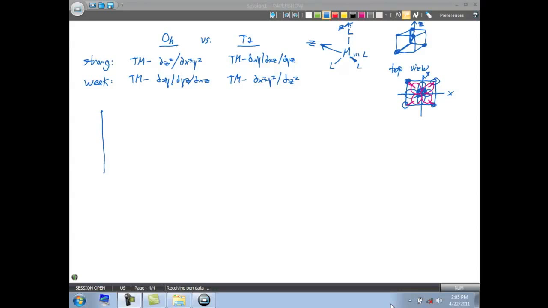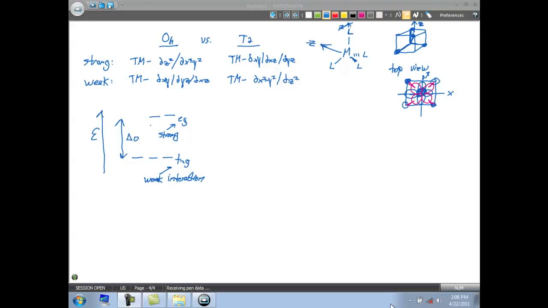So if this is our energy scale right here, in an octahedral case, we have the T2g and the Eg orbitals separated by what we would call delta O. In this case, the T2gs are the weak interaction, and the Egs are the strong interaction.